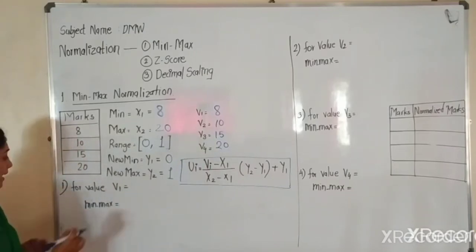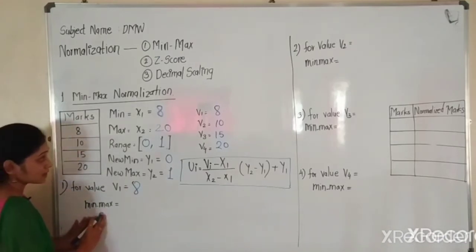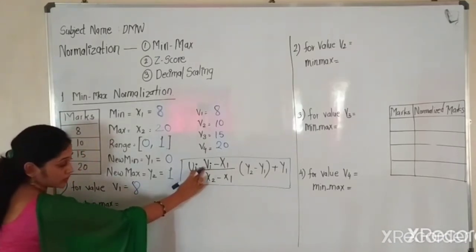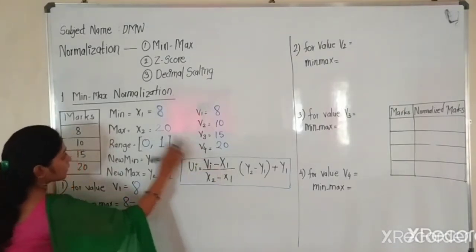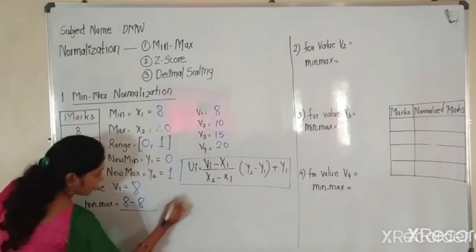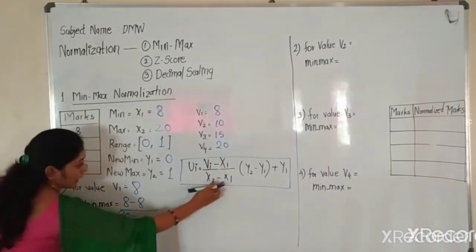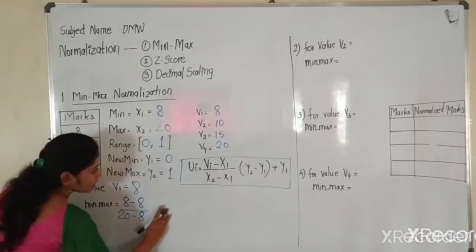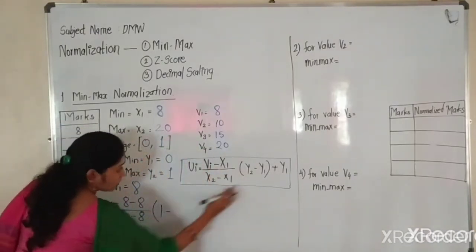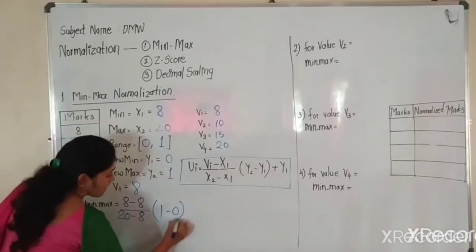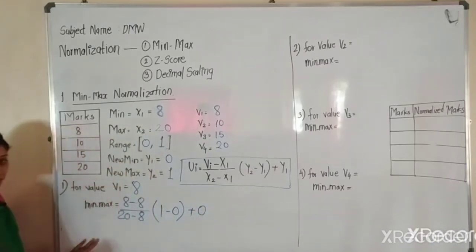So how am I going to apply that? For value v1, what is the value of v1 here? It is 8. Then min max is equal to, I will put all the values in this formula. So v1 is 8 minus x1, my min, that is 8, divided by the max, x2, that is 20, minus again min 8, into y2, my new max, that is 1, minus y1, the new min, that is 0, plus y1, the new min, which is 0.